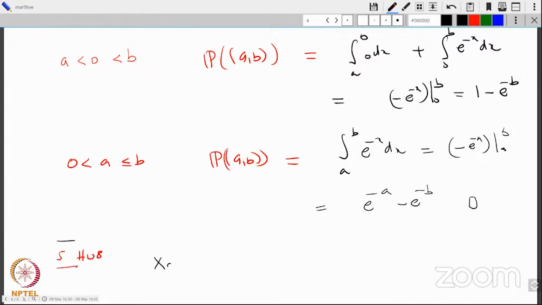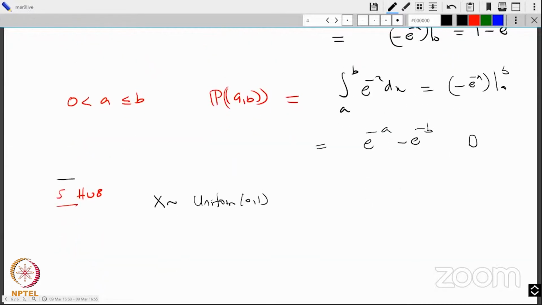Suppose I have X is uniform on 0, 1. Then let's say I want to find, let's say Y is 5X plus 6. How do I find the distribution of Y?